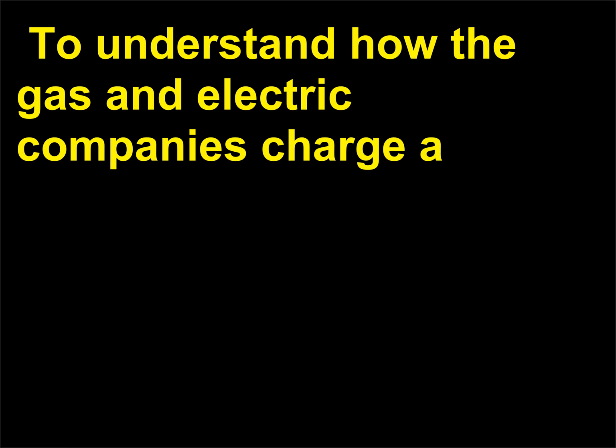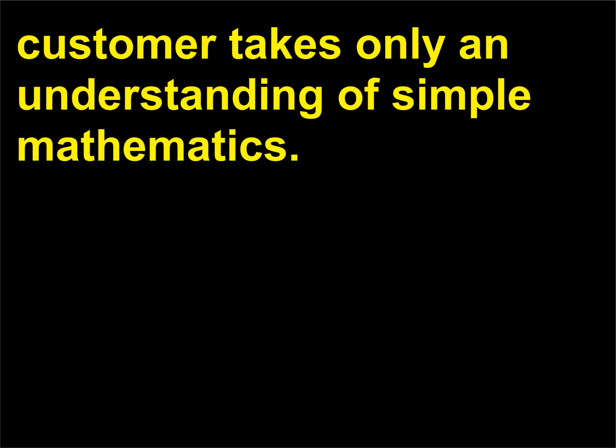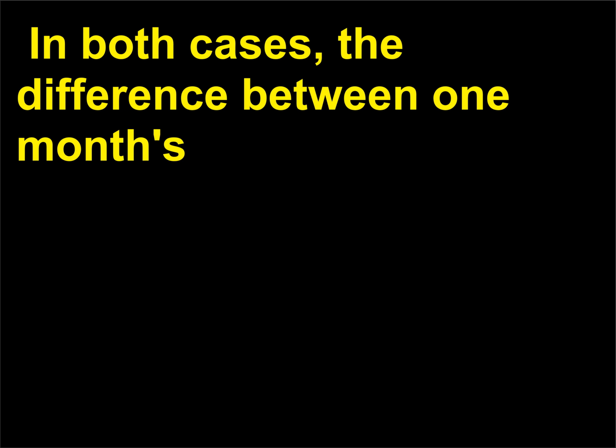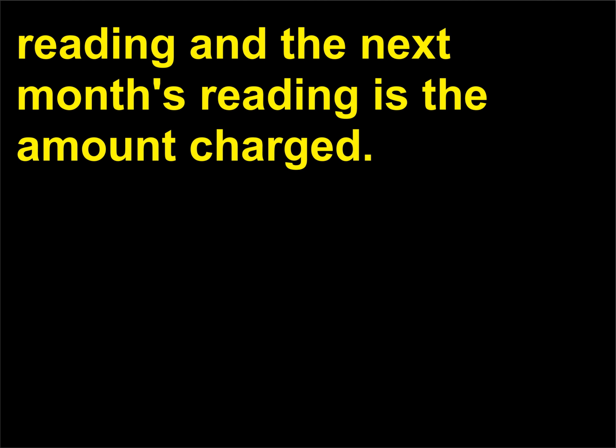To understand how the gas and electric companies charge a customer takes only an understanding of simple mathematics. In both cases, the difference between 1 month's reading and the next month's reading is the amount charged.